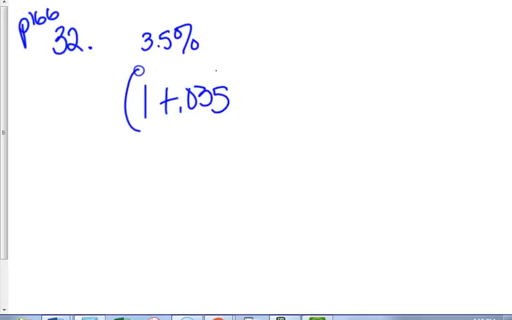So number 32 on page 166. It says she's getting a 3.5% raise at the end of each year. So I'm thinking you do 1 plus 0.035. It says she starts working in 94, earning a salary of $31,000.